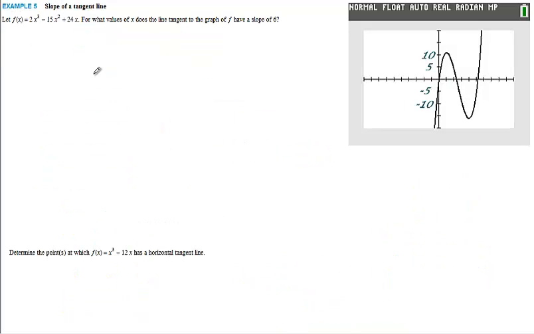In this next problem, they're wanting me to find where does a tangent line have a slope of 6? So I want to know where the slope is 6. Well, derivative is slope, so I need to find the derivative first off. F prime of x, it's writing weird again, hold on.